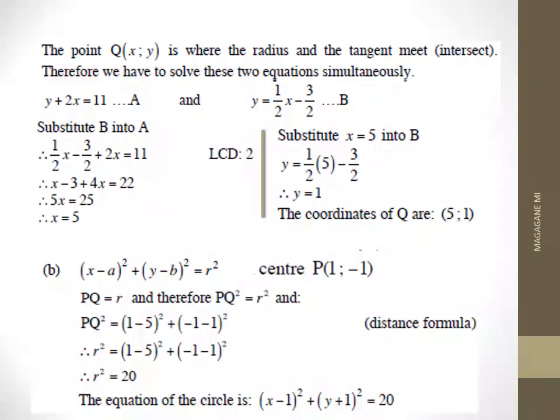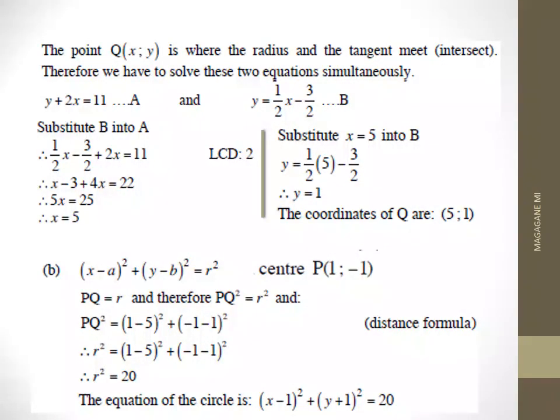So we'll use the distance formula to find the radius. PQ squared equals 1 minus 5 squared plus negative 1 minus 1 squared. We know the distance formula is x1 minus x2 squared plus y1 minus y2 squared.